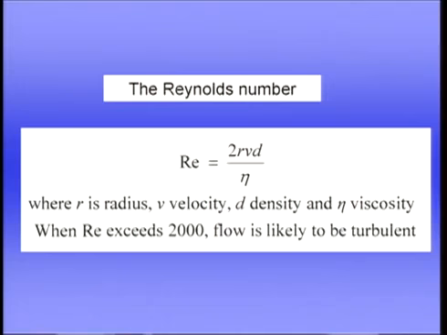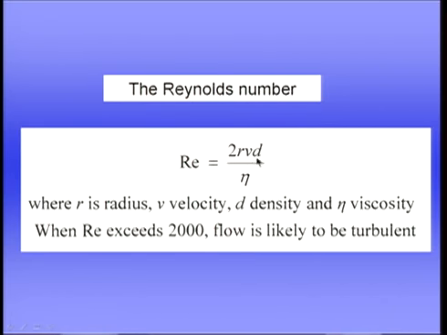Now, whether flow is turbulent or laminar depends on the Reynolds number, as shown here. Reynolds number has radius, velocity, and density in the numerator, and viscosity in the denominator. If you've got long, smooth tubes of uniform diameter, the flow is likely to be turbulent if the Reynolds number exceeds about 2000.